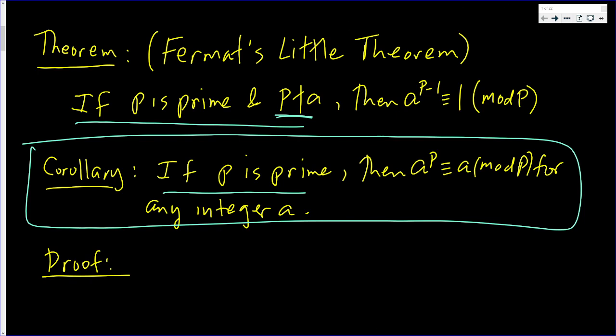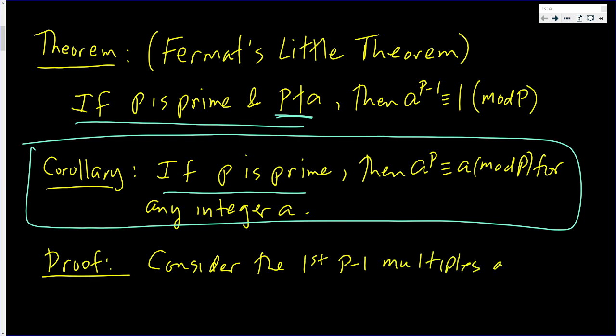Okay, so the proof goes as follows. How about we consider the first P minus 1 multiples of A. 1 times A, that's the first one. 2 times A is the second one. 3 times A is the third one.